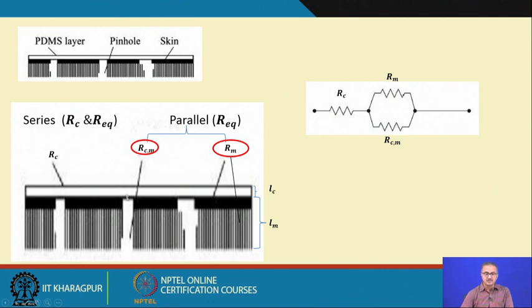Now as we learned, this PDMS coating is also filling up the pinhole. So whenever the solute is passing, this is a pinhole region, and the membrane region, through this the flux is occurring in parallel, whereas these two parallel resistances are in series with the resistance through the particular coating.